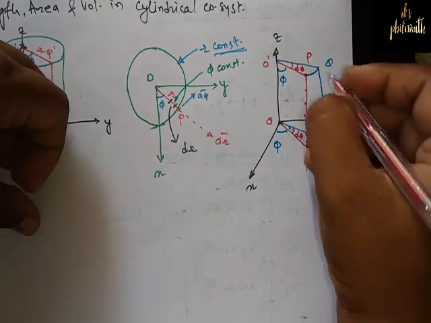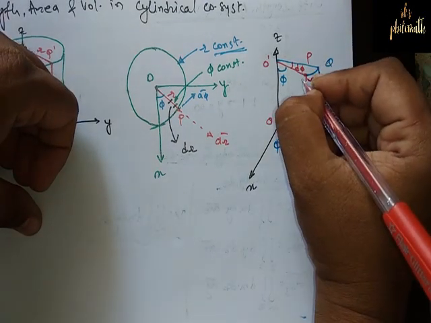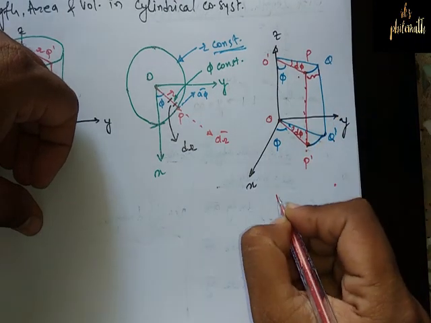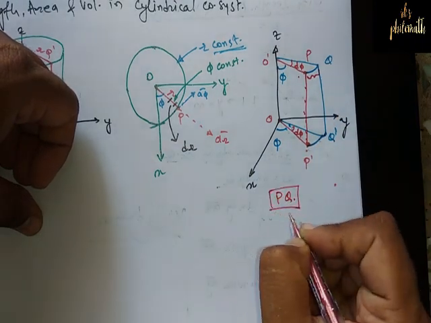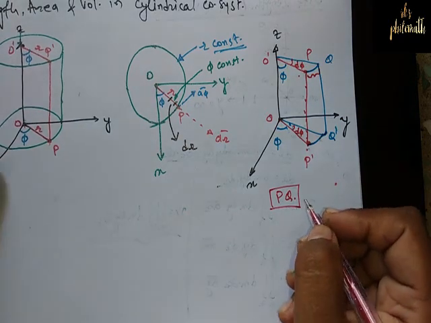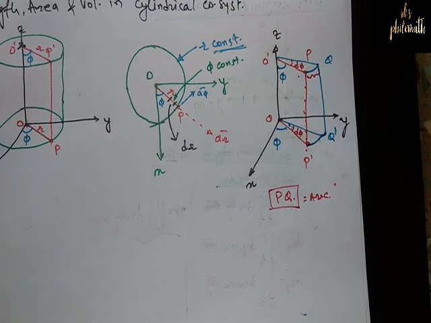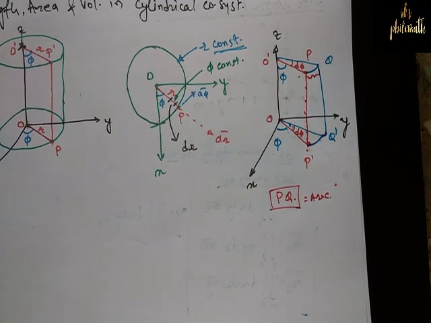Now we have to find out this particular length, or we can say PQ. Find out length PQ. But as shown in the diagram, PQ is not a straight line, it is an arc, or a part of circumference of the circle. So what is the formula for this? The formula for arc is radius into angle.